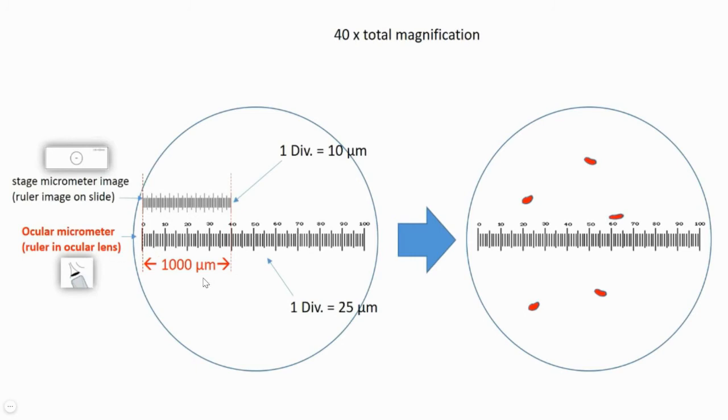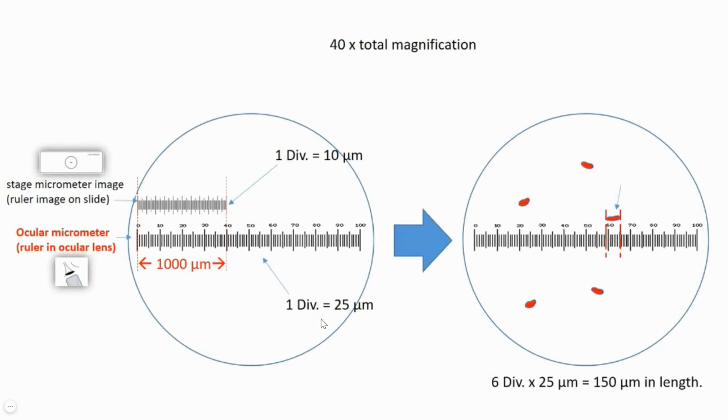So now we are going to use our calibrated scale. Remember, you're still at 40x, you didn't change the magnification. In this magnification, we had calculated that each division of our eyepiece graticule is how many micrometers? 25 micrometers, isn't it? So now I'm going to see that specimen.